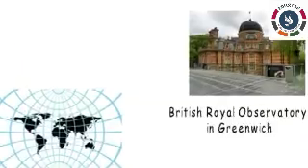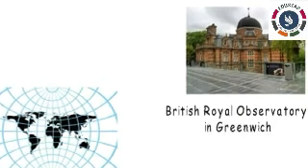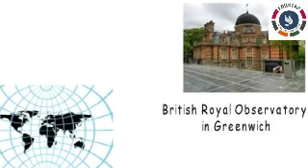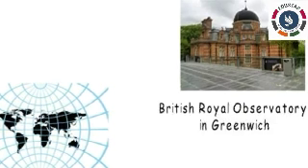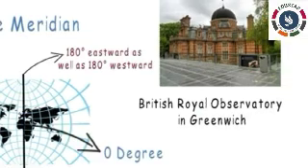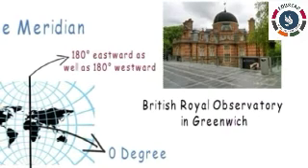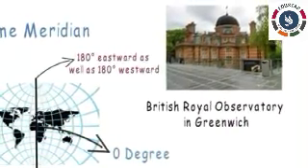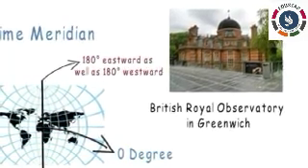Thus, it was difficult to number the meridians. Hence, all countries decided that the count should begin from the meridian which passes through Greenwich, where the British Royal Observatory is located. This meridian is called the prime meridian. Its value is 0 degree longitude, and from it we count 180 degree eastward as well as 180 degree westward.